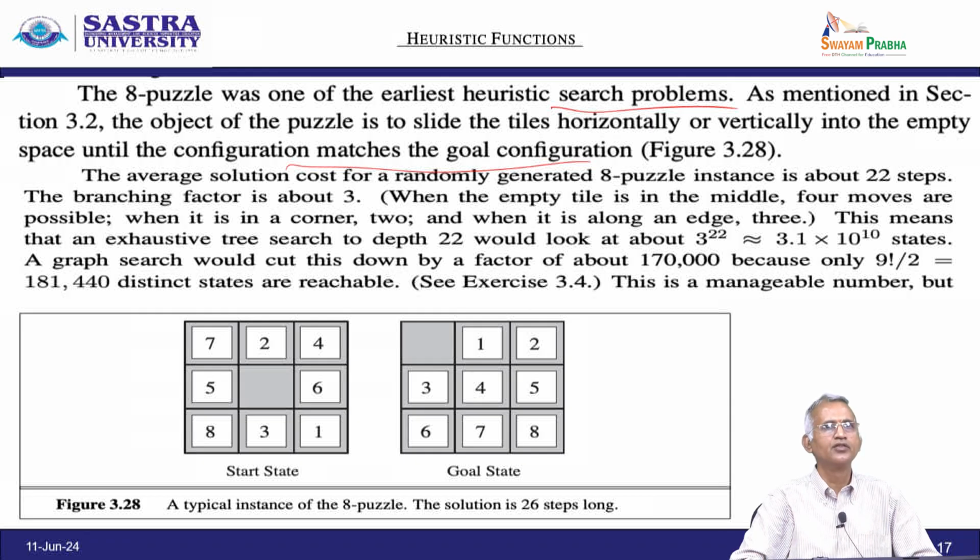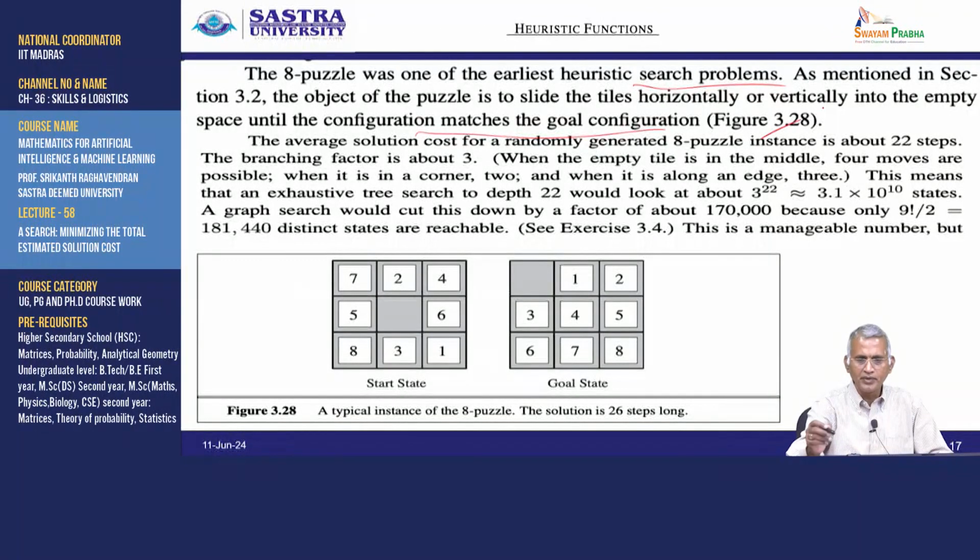The average solution cost for randomly generated 8-puzzle instances is about 22 steps. The branching factor is about 3. When the empty tile is in the middle, 4 moves are possible; when it is in a corner, 2; and when it is along an edge, 3.